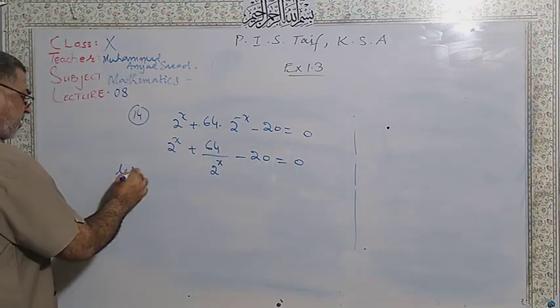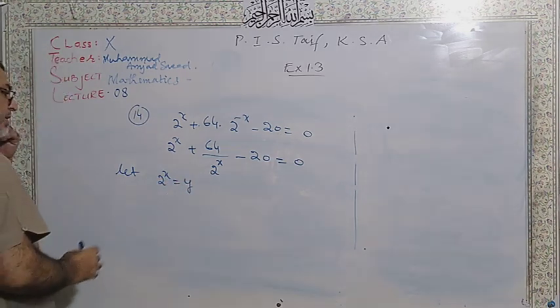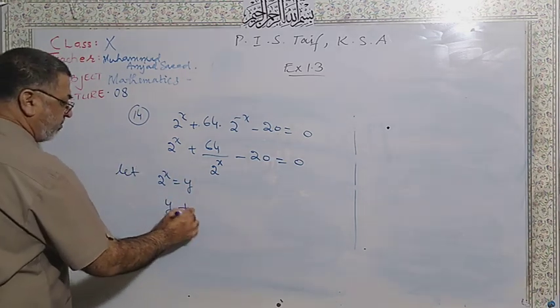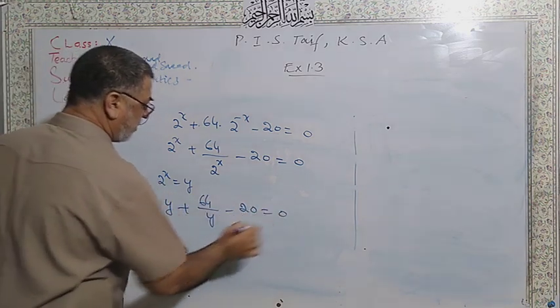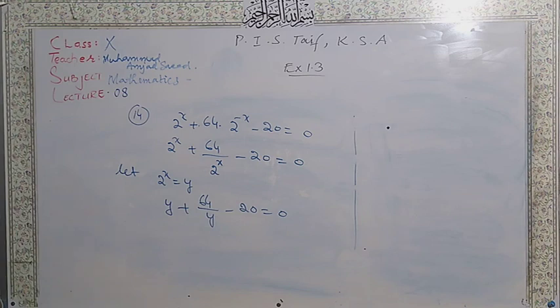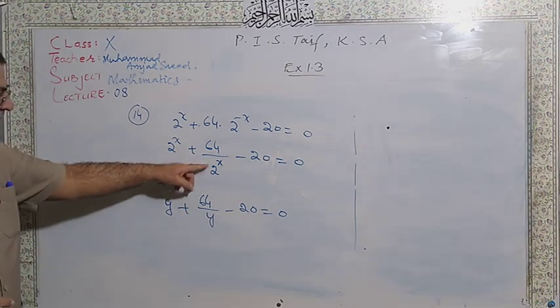Now let 2 power x is equal to y. So here you can see y plus 64 over y minus 20 is equal to 0. This is y and this is 64 over y.